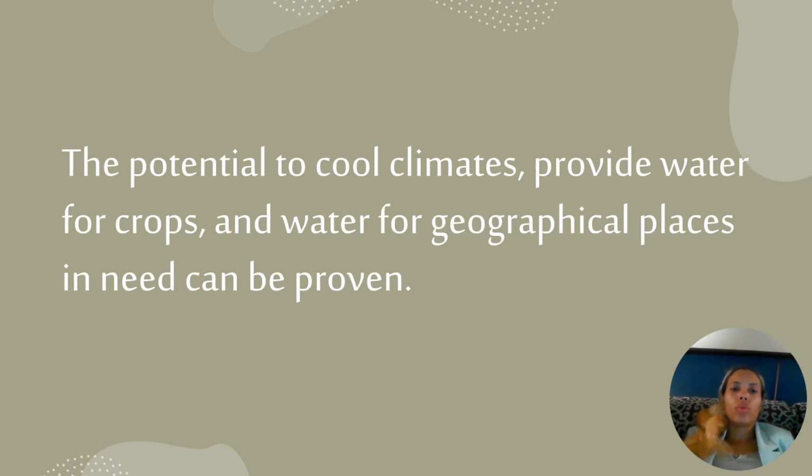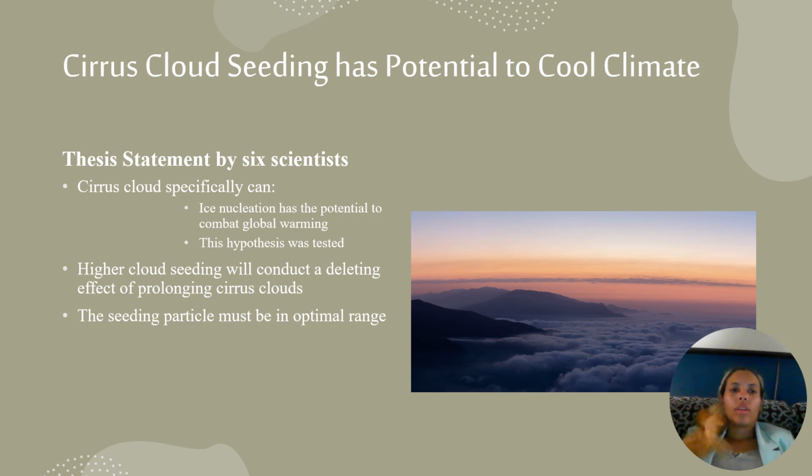The potential to cool climates, provide water for crops, and water for geographical places in need can be proven. Cirrus cloud seeding has the potential to cool climate. This is the title of a thesis statement by six scientists. Cirrus cloud specifically can cool the planet.